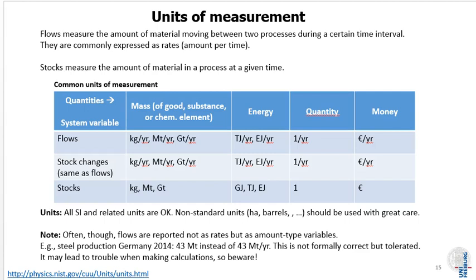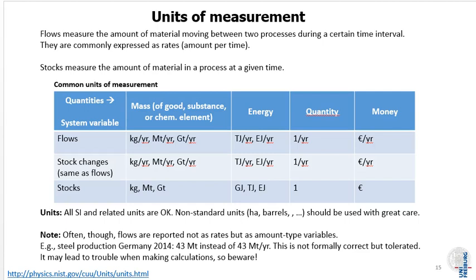It's different with a stock. A stock is measured as a snapshot in a process at a certain time. For example, you can quantify the number of cars in the city where you live at a given point, let's say now. If you do that, you don't have a per-time measurement, but you have a measurement at a certain time.